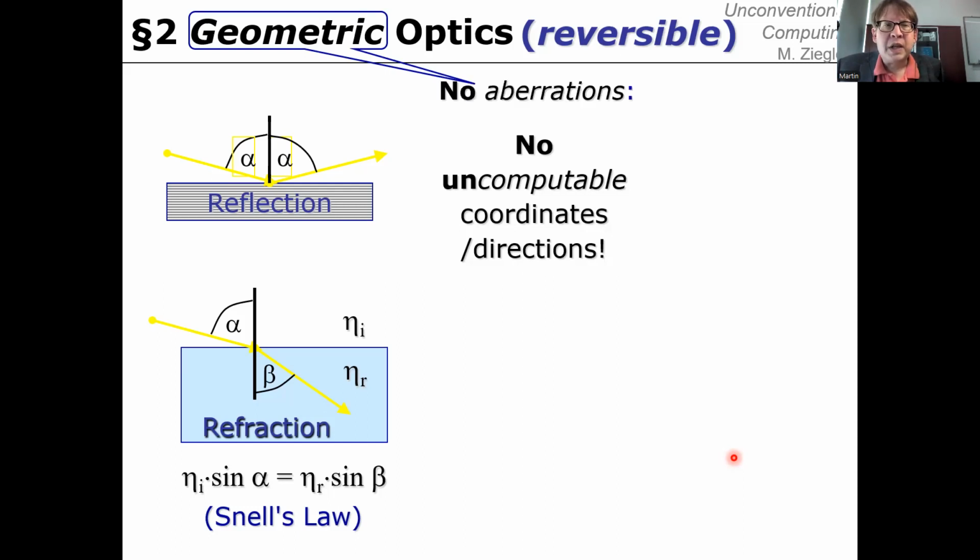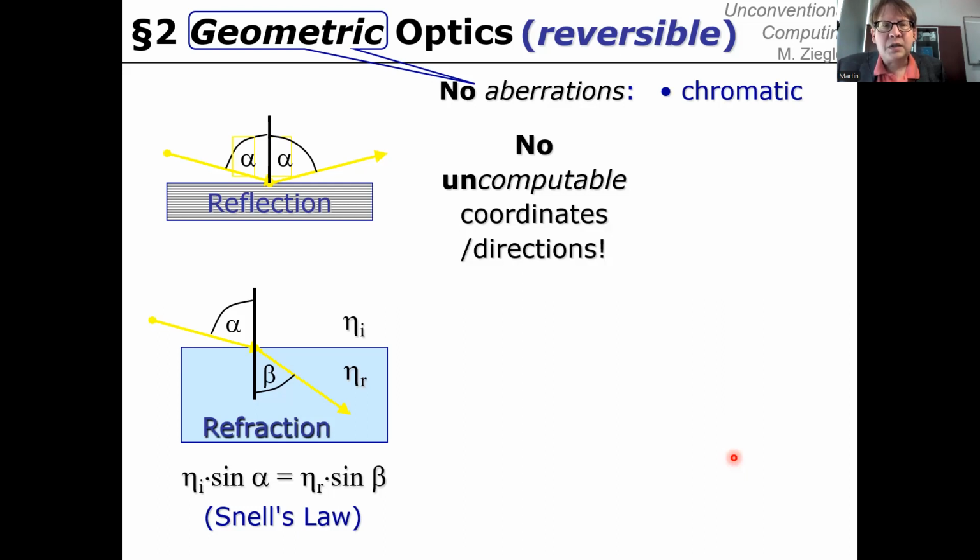So we suppose that the optical devices and the light rays we have suffer from no aberrations, no deviations from these ideal optical laws. So, for example, no chromatic aberration. Chromatic aberration means that the color of the light ray affects the behavior.